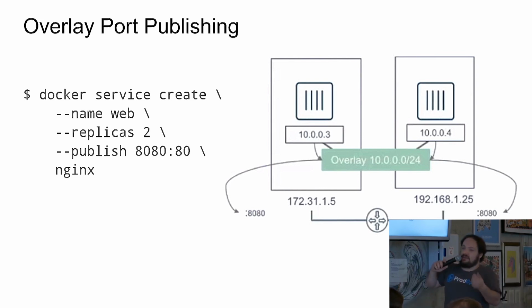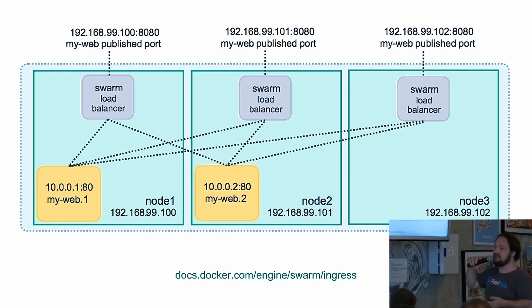Okay. Another thing we can do with the service, we can publish the port of that service. If we have two containers, because we have replicas too, and we publish the port, it will be published on each of the hosts. Now, let's see one caveat of that.